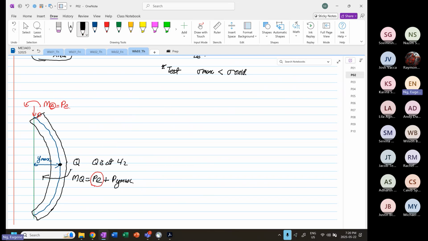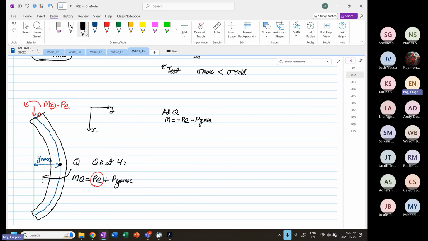So before I go into point Q, this is still our Y, and this direction is our X. So at point Q, the moment is equal to minus PE minus P Y max.